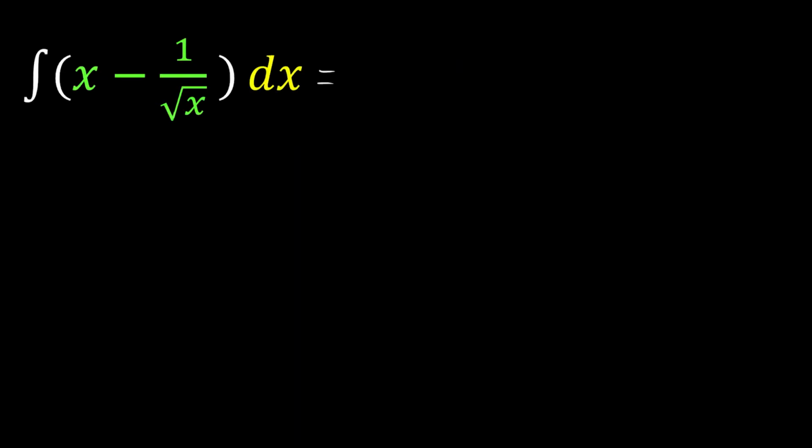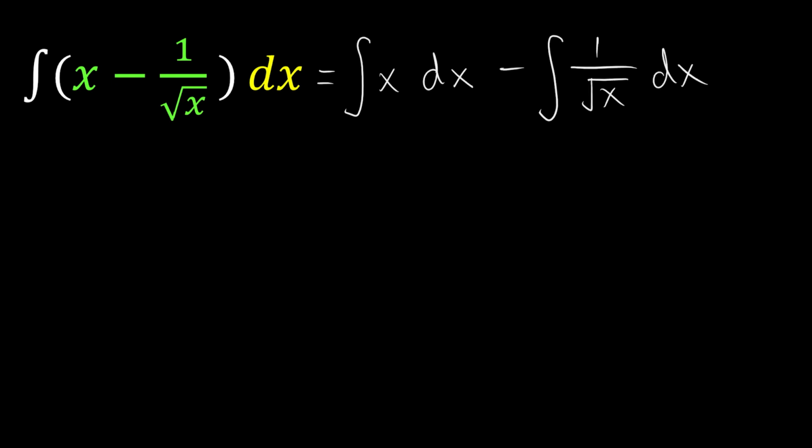The best way of doing this one is to break it down first. So we can say that it's the integration of x with respect to x minus the integral of 1 over the square root of x dx. But usually when we see a square root, we will say that it's x power of 1 over 2 dx. Then we can carry out the integration like usual.